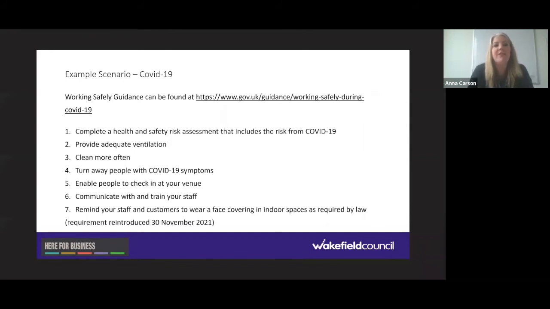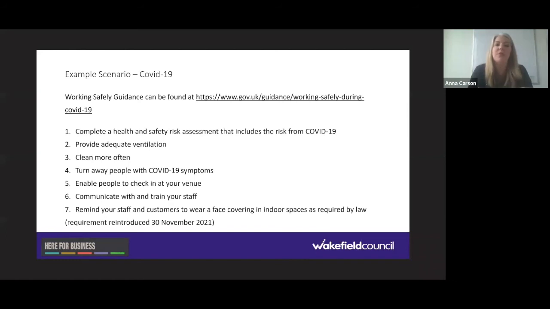So the Working Safely guidance says that you should complete a health and safety risk assessment that includes the risk from COVID-19. And if you haven't already got one, you'll be able to do one no problem after this webinar. Another way to control COVID-19 is provision of adequate ventilation. COVID-19 is airborne, so people breathe it out and other people breathe it in.